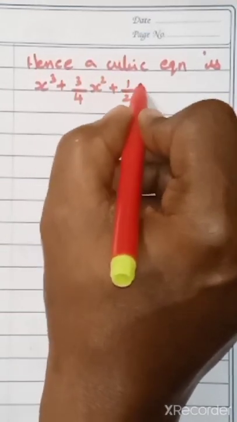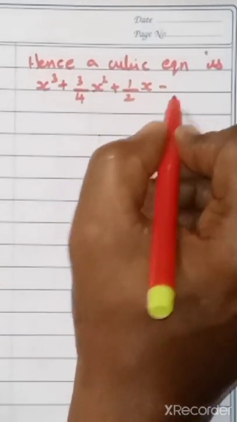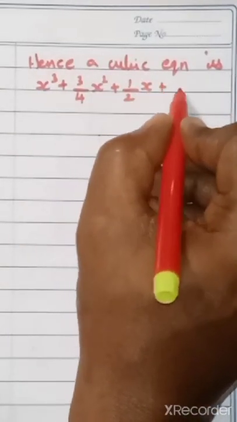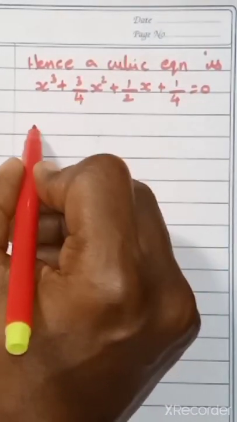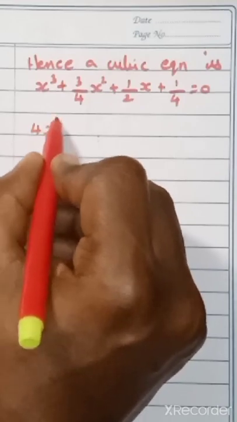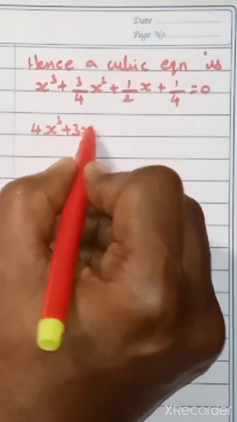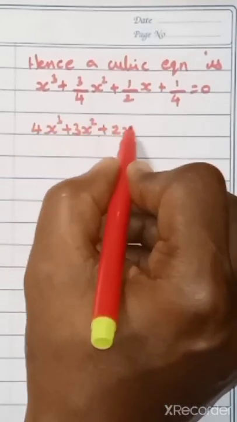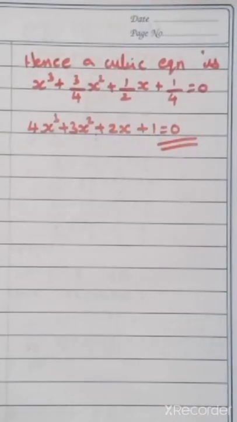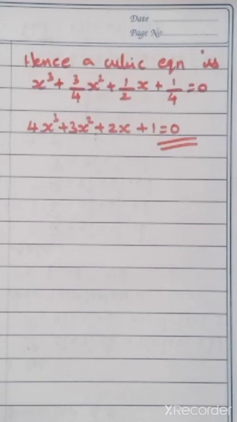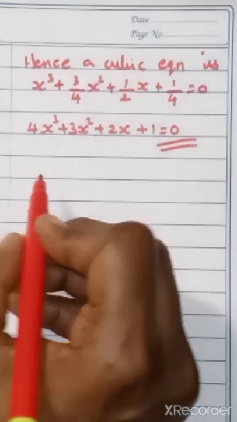So 1 by 2x and minus, அங்கே ஒரு minus இருக்கனால plus, and the constant oda value 1 by 4 equal to 0. Now taking LCM of this one, 4 is a LCM. So 4x cube plus 3x square plus 2x plus 1 equal to 0 is the required equation. Is that clear? Yes. Next, your fourth question.